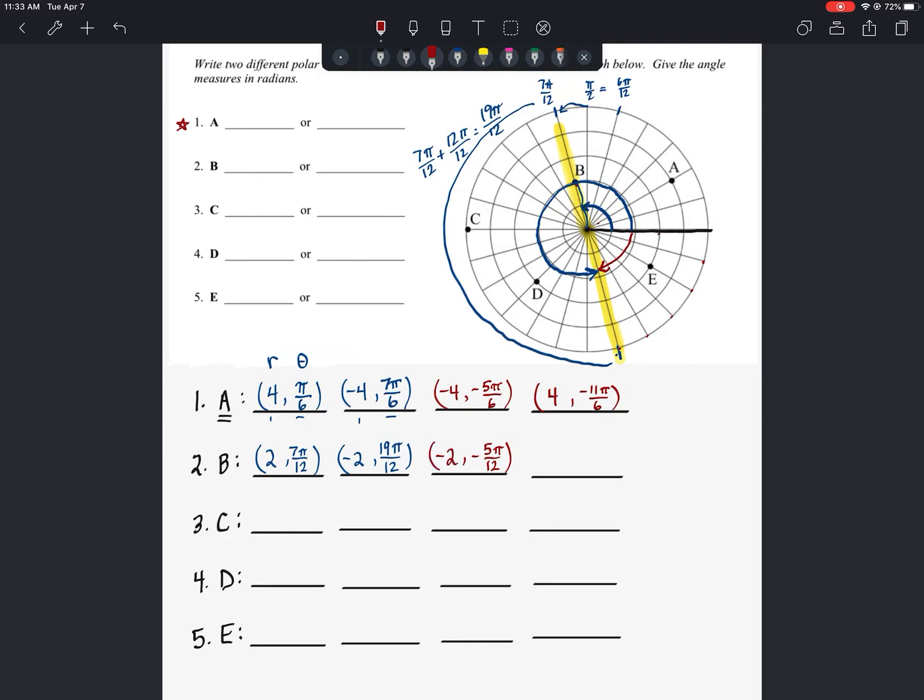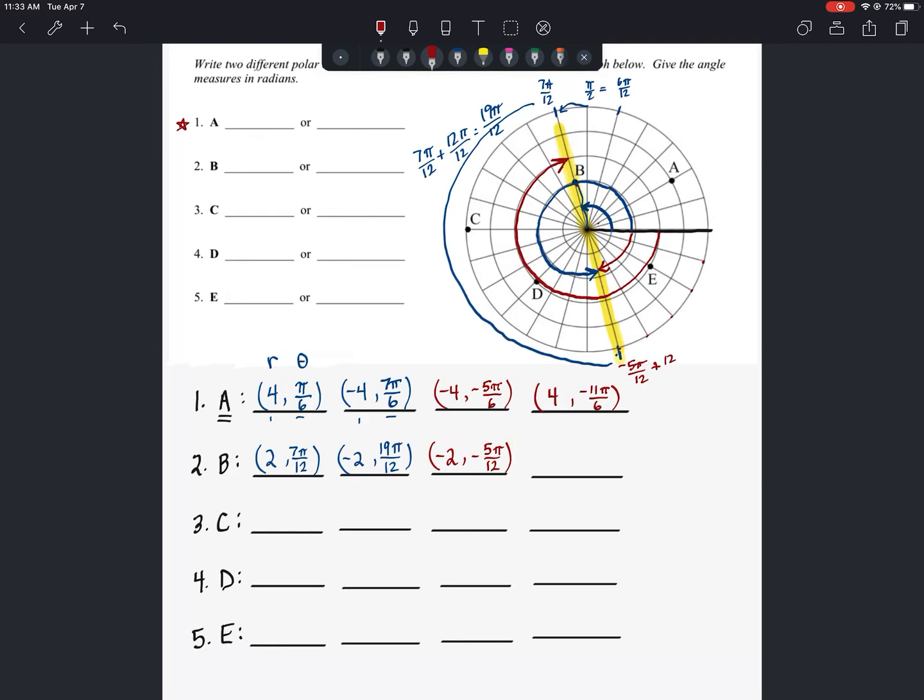And then our last angle, if we start at 0 and go backwards again all the way around till we get over to here. Okay, so think about it. We were at negative 5 pi twelfths here, and now we're going another 12 twelfths.